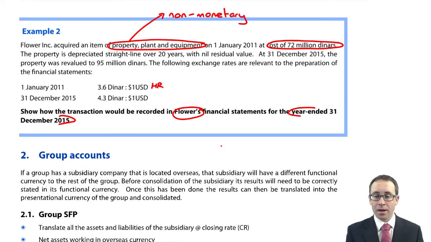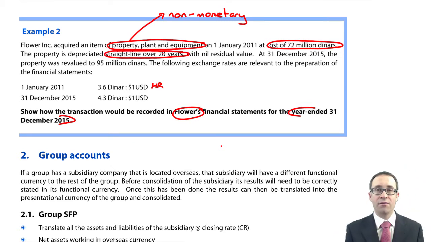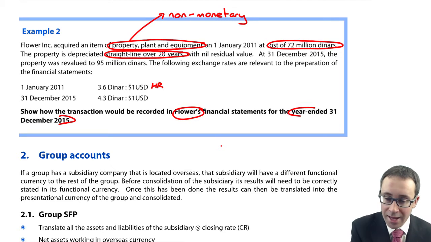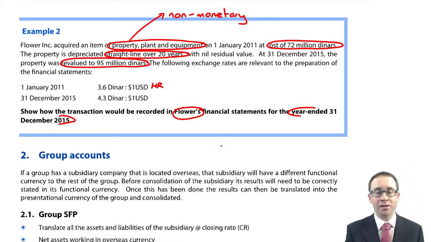Okay. Once we've done that, we will then depreciate it, straight line over 20 years. So that's nice and straightforward. Even more straightforward, nil residual value. Whew. Don't want any residual value to deal with, do we? And then the key bit now, getting into the foreign currency aspect, is that the 31st of December, so at the reporting date, it was revalued to $95 million. So let's assume that we are adopting the revaluation model.